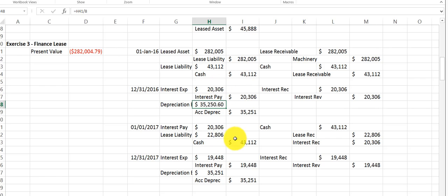Okay, these journal entries look very similar to what we did in exercise 1, except for, of course, using the correct percentages and multiplying by the new values. So that's how you would do that to calculate leases and make the journal entries to figure that all out.